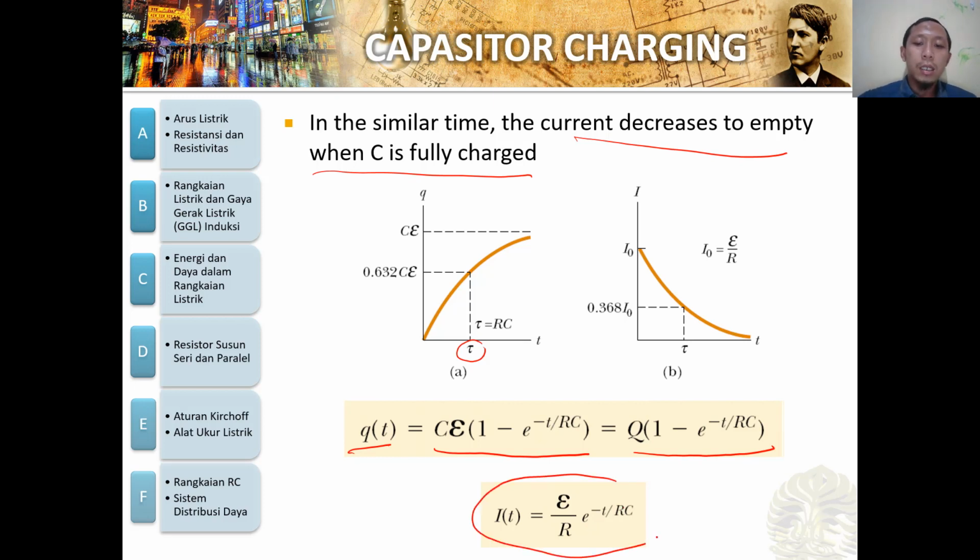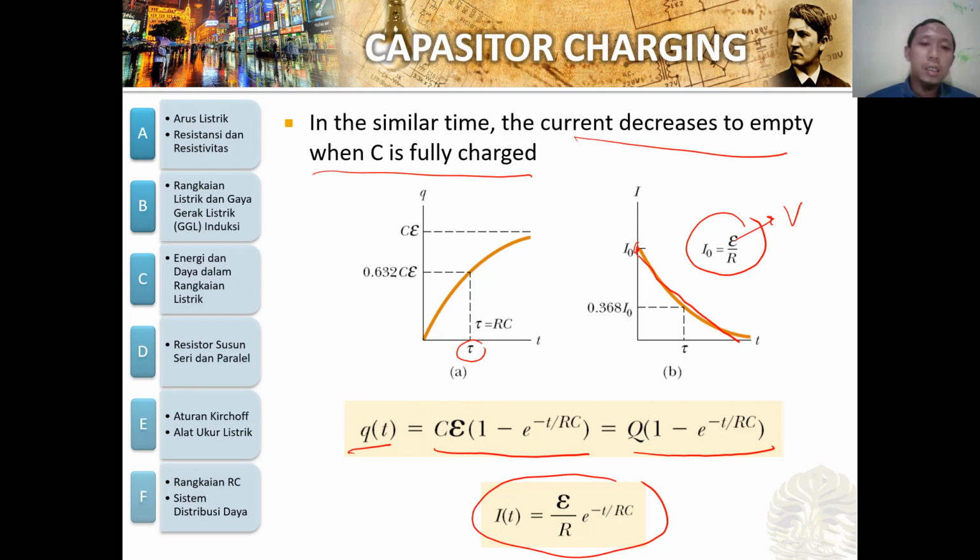So this is the current when the capacitor is charged. And also this is the maximum current, and then this discharges to the other side if the switch is open. So the maximum current I0 is E per R. E is the voltage difference, like a V.